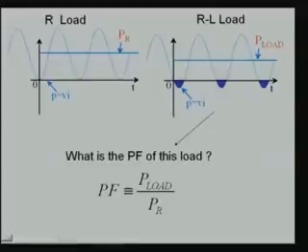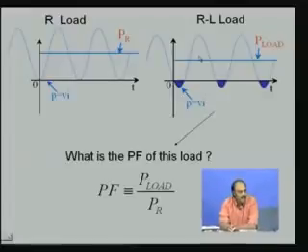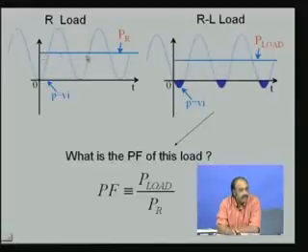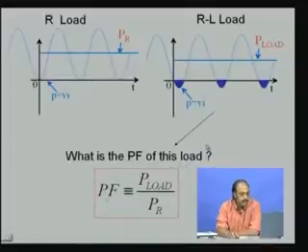Let us define PF as follows. PF is defined as P load, that is the average load power of the RL or any other given load, to the average power of an equivalent resistive load, P load by PR. This is the definition of PF.